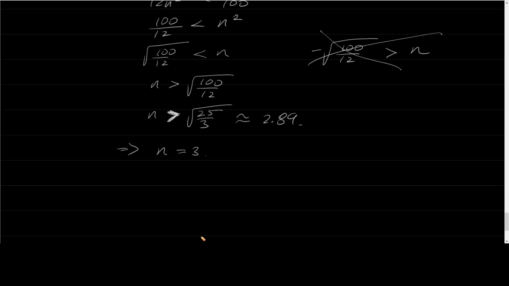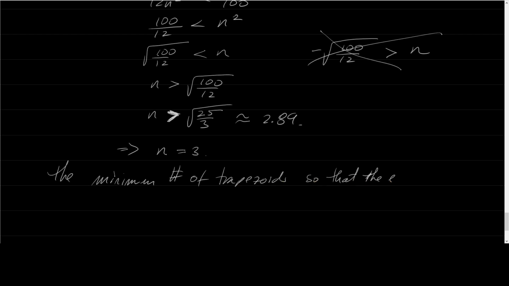This tells us that the minimum number of trapezoids so that the error is less than 1/100th, 0.01, is 3.